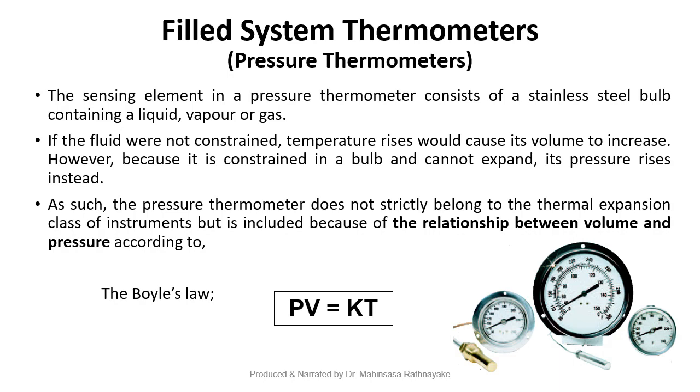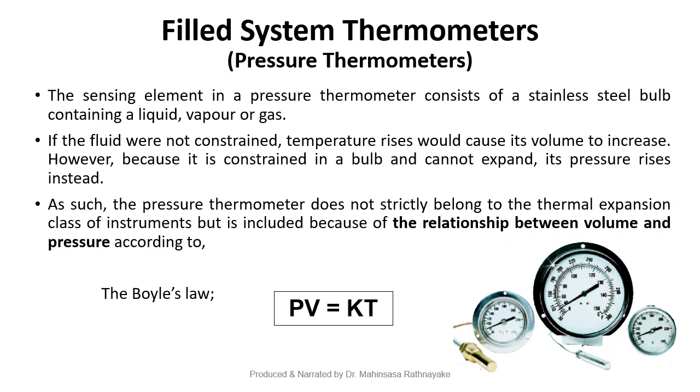When the temperature changes, what happens? If the fluid is not constrained in the bulb, then the volume changes. If the temperature increases, the volume also increases. Then we can use the change of volume as a measure of temperature, or otherwise we can constrain the fluid in the bulb.